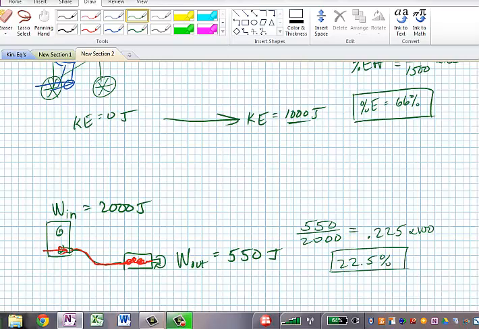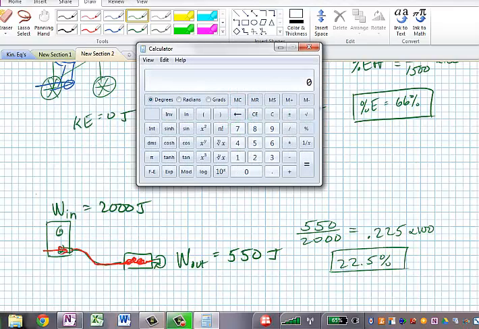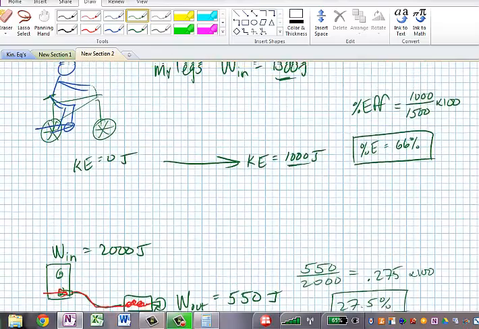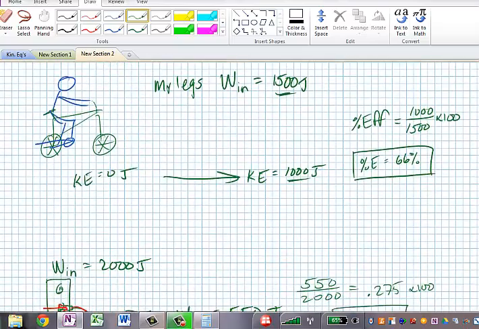And if you plug that into a calculator, let me pull up a calculator here. So 550 divided by 2,000, 0.275. All right, so I was close. So 27.5%. So this is the basics of percent efficiency.